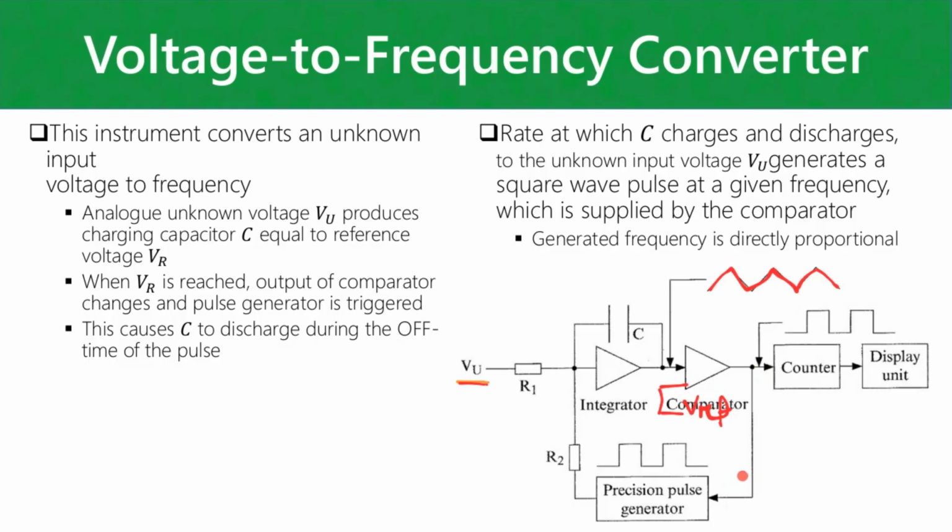And that's then going to give you a square wave output. That square wave output is also going to drive a precision pulse generator, which is going to keep the integrator generating little triangular waveforms. And this counter is just going to keep on counting the pulses.